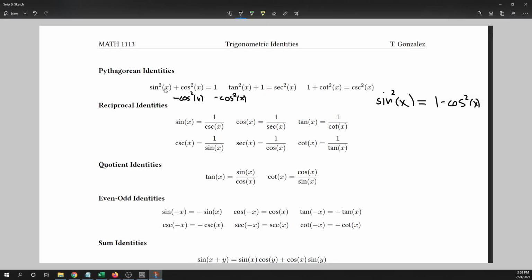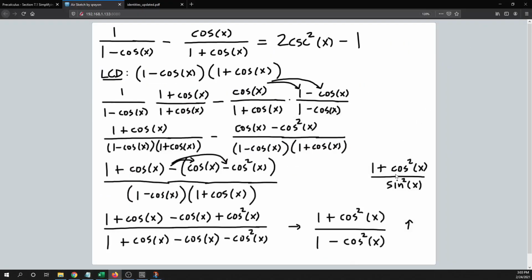You can see here, it looks like you might be able to do something with this fundamental identity, but when I try to rearrange it, I get 1 minus cosine squared x. So you're not going to be able to make this one into 1 plus cosine squared x in any way that's really going to be helpful in this problem. Okay, so there's really nothing we can do about that. All right, so still looking a little bit better than what we had before.